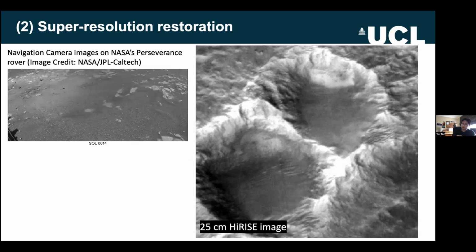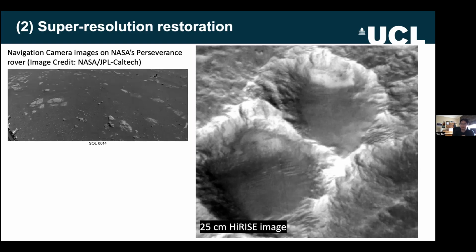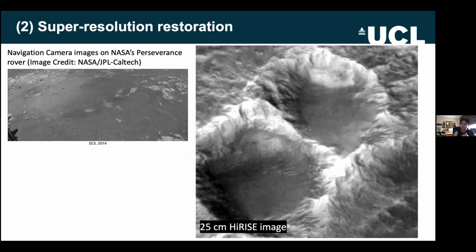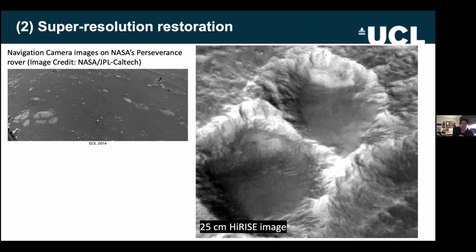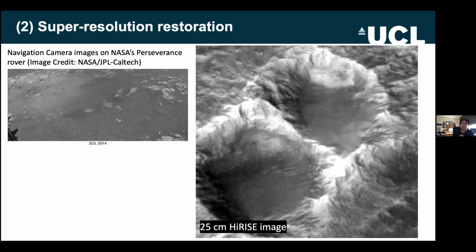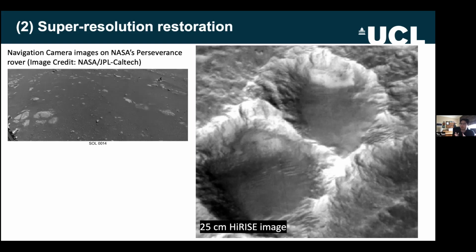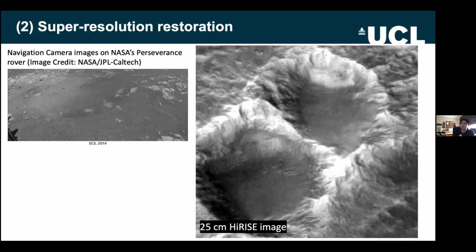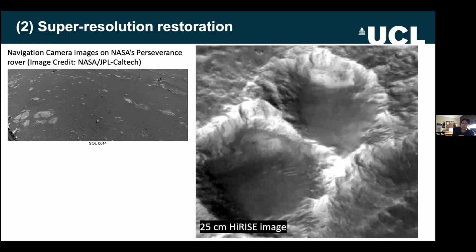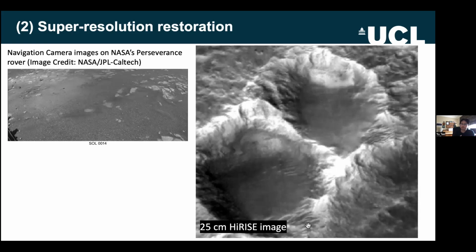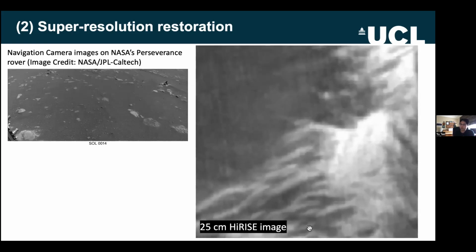However, the resolution of 25 centimeters is still not high enough to view super fine scale ground features such as individual rocks or sedimentary features that the Mars robotic rovers or a helicopter could see, even though for a very limited tiny area of the Martian surface. So if we continue to zoom in from the 25 centimeter HiRISE image, we will gradually reach the limits of its resolvable details.